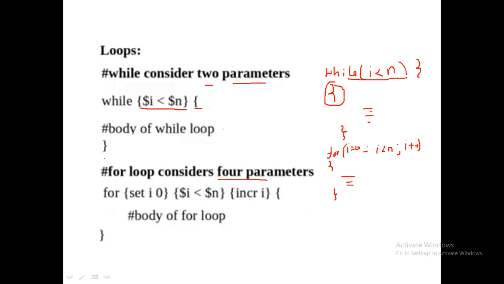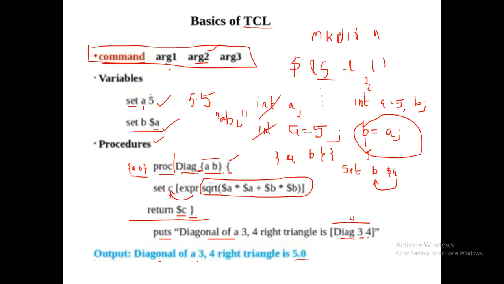But here in TCL, the for loop takes four parameters. How do we write it? For is the command, space, then the first argument, which is the initialization. You want to initialize I equal to 0. In TCL, how do we put the initialization?